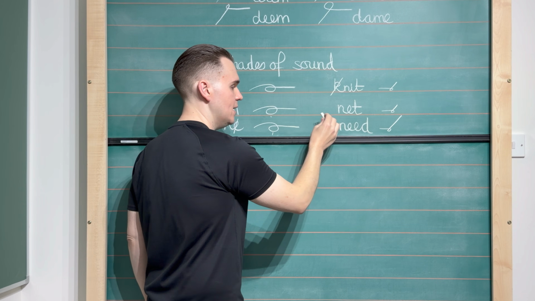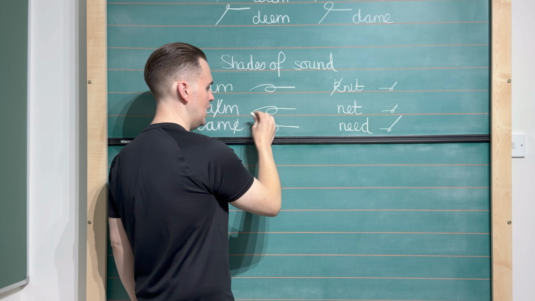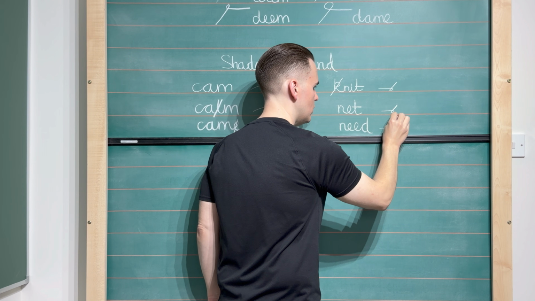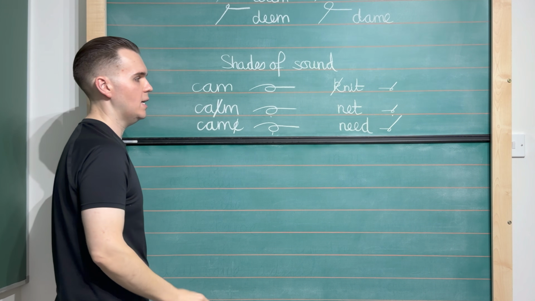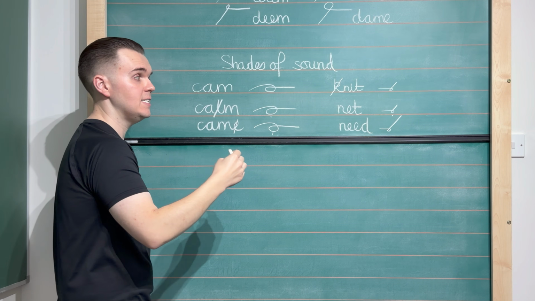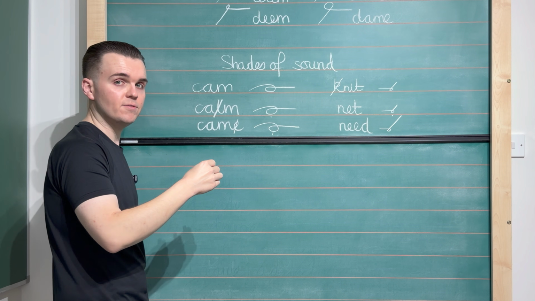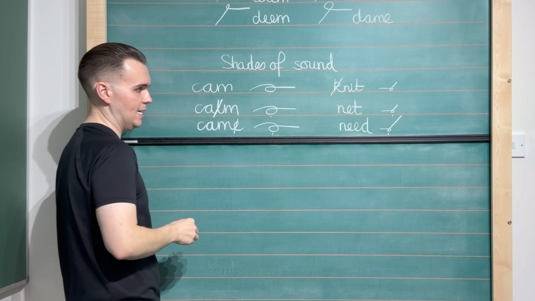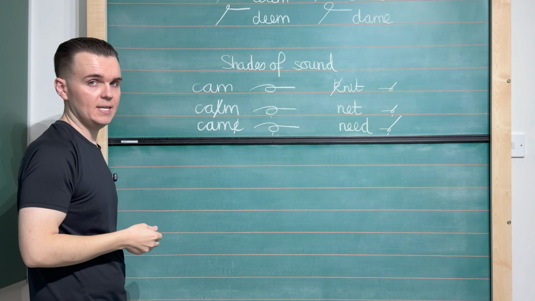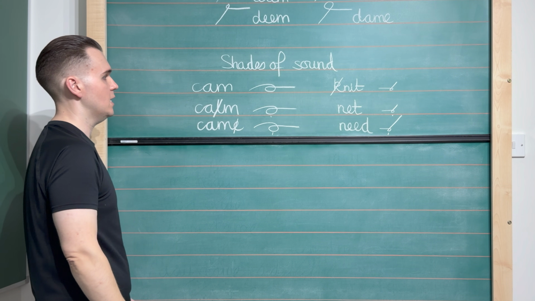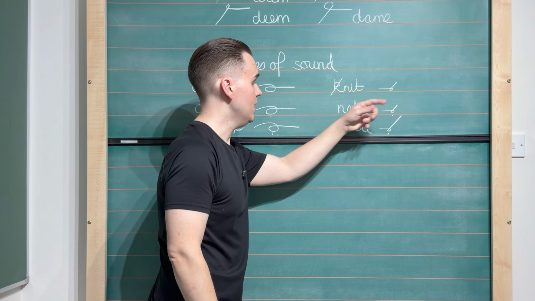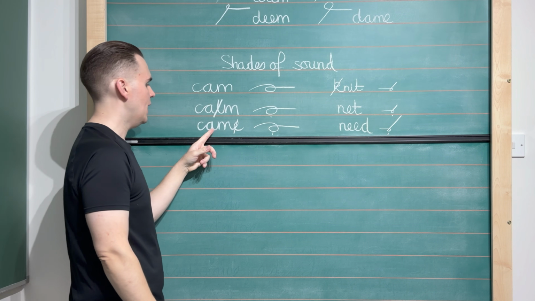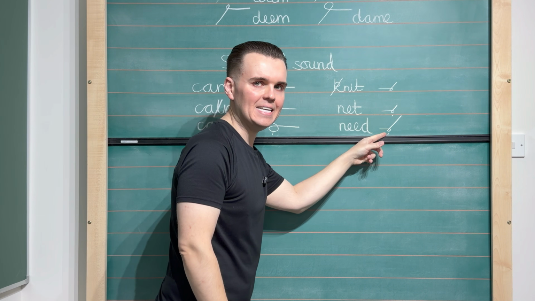E as in net, same as with our calm in A, we just put a dot below the vowel, and that tells us it's E as in net. The long sound of E as in need is a short downward dash, the same as we had in came. So this is how we distinguish A and I, R and E, and A and E.